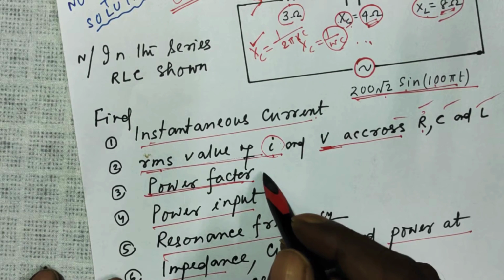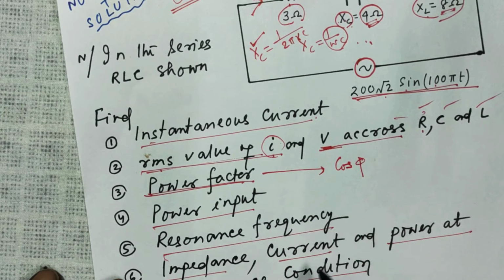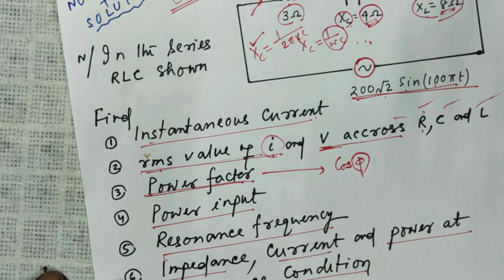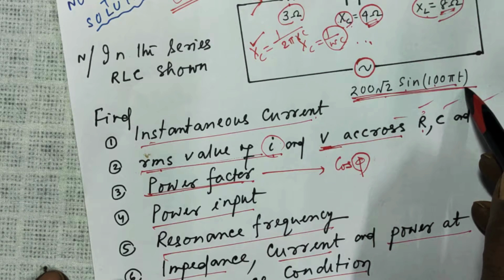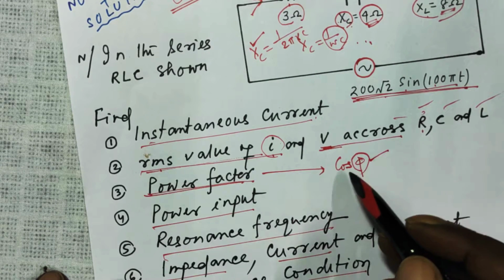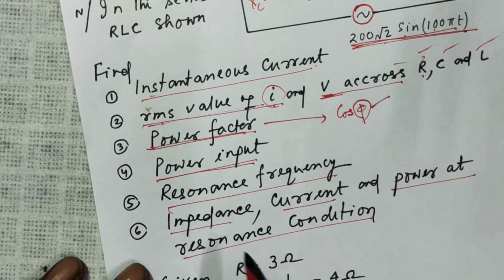Power factor I have already explained to you in previous lessons, that is equal to cos phi, where phi is the phase difference between the voltage and current. Here only voltage is given. So if we can find an expression for current, from that we can also find phi. Then what is the power input? This is to be found out.